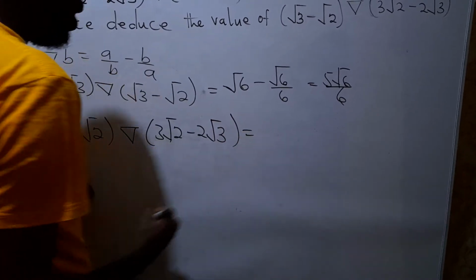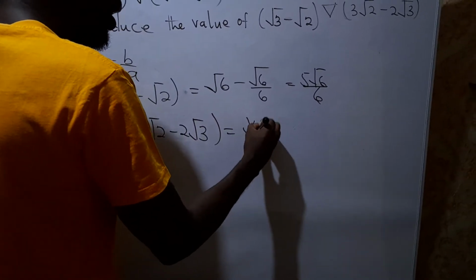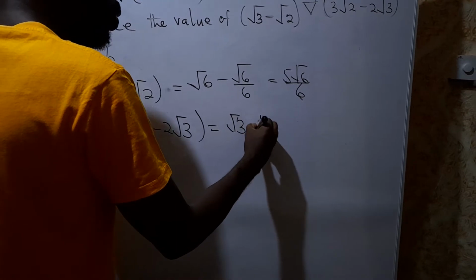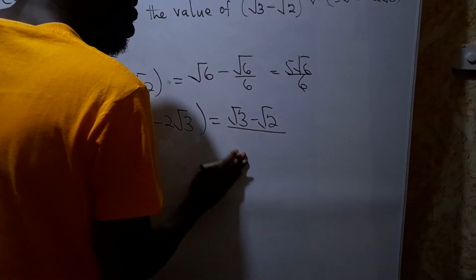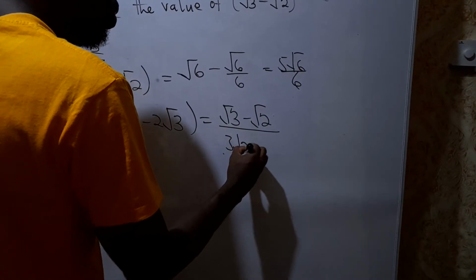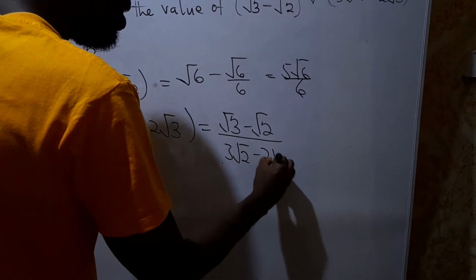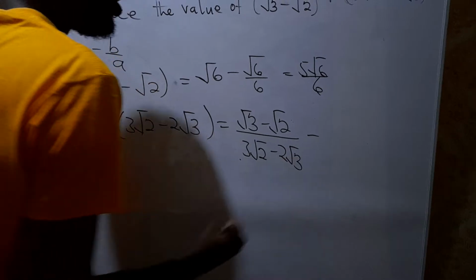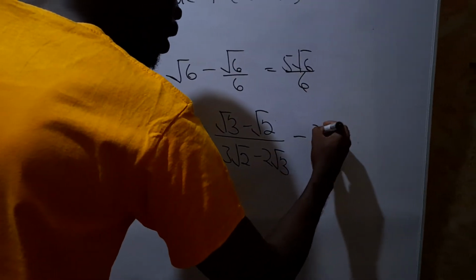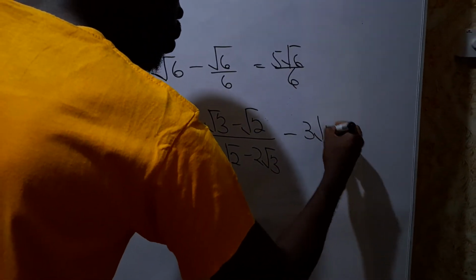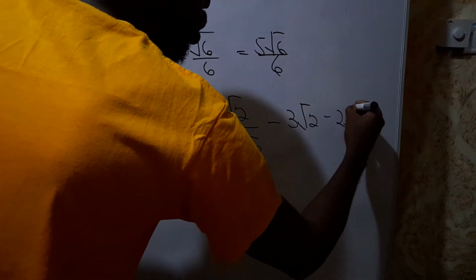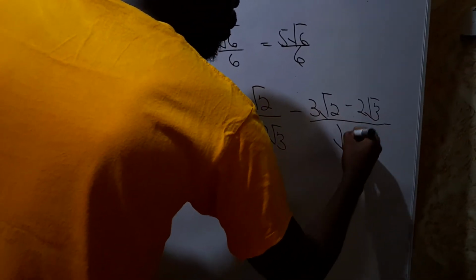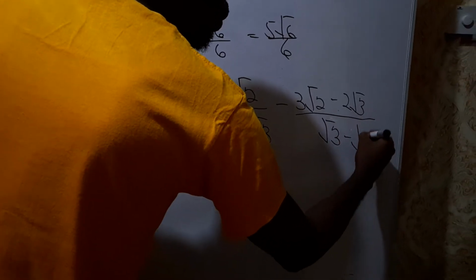So this will be root 3 minus root 2 all over 3 root 2 minus 2 root 3 minus this time around 3 root 2 minus 2 root 3 all over root 3 minus root 2.